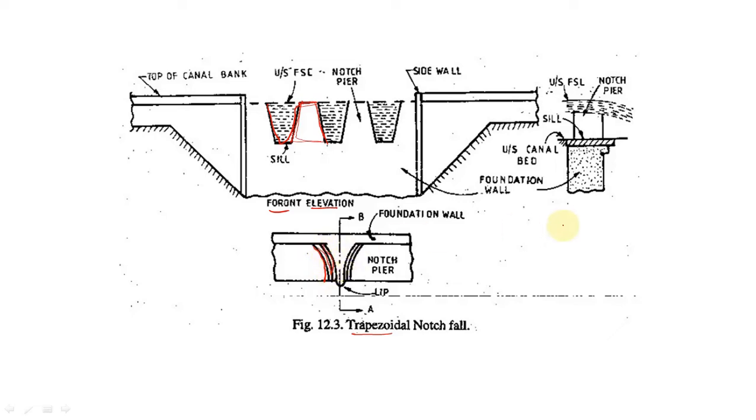If the cross section is constant, then the fall can appear as triangular or rectangular in shape. This is the trapezoidal notch, and the notch pier. Then you can see the bottom line, and these two lines, and the thickness is constant.